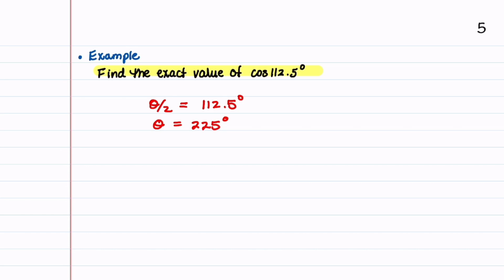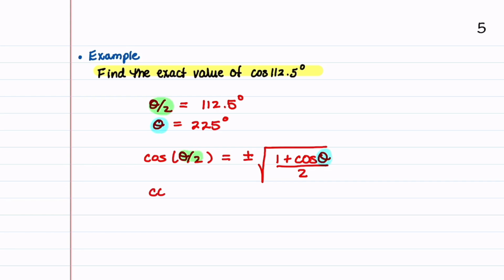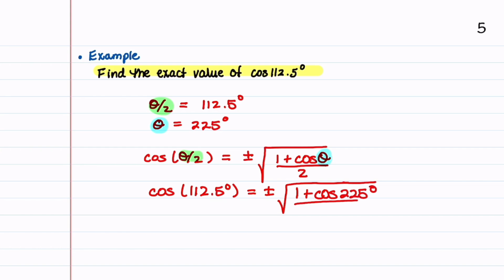We'll use the half-angle formula cosine of theta divided by 2 is equal to plus or minus the square root of (1 plus cosine theta) divided by 2. Let's now plug in for theta divided by 2 and theta. We get cosine of 112.5 degrees is equal to plus or minus the square root of (1 plus the cosine of 225 degrees) divided by 2.